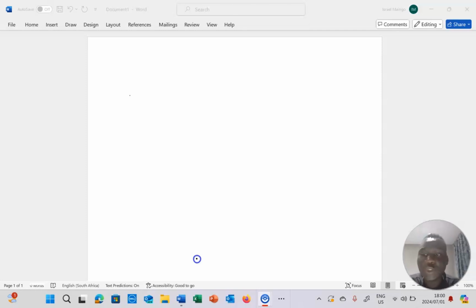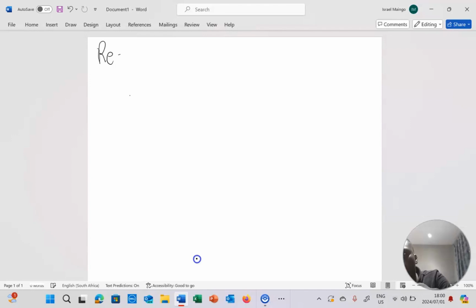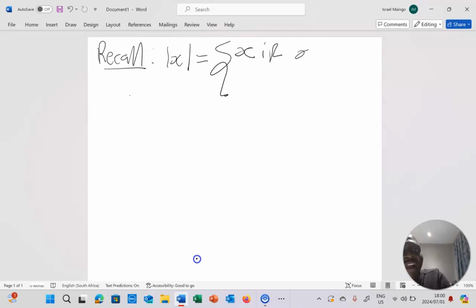So today I want to take you through limits involving absolute value function. So you will recall that the absolute value of x is given by a piecewise function. It will be x if x is greater or equal to 0.